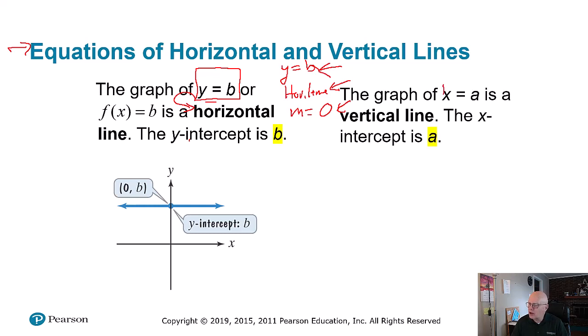And a vertical line has an equation that's sort of the opposite of the first one. This one looks like this. The x-intercept is a, and slope, because we need three things: x equals a, vertical line, slope undefined.